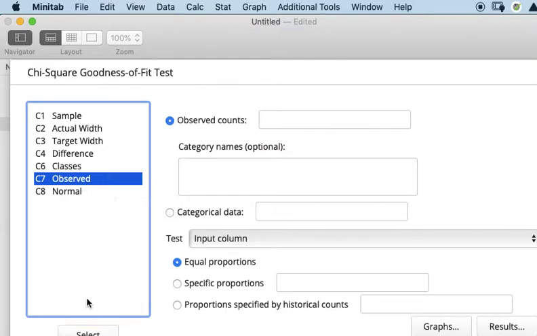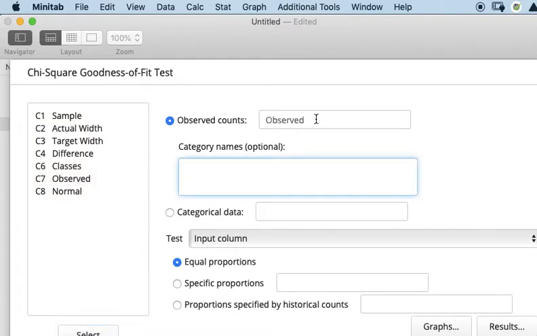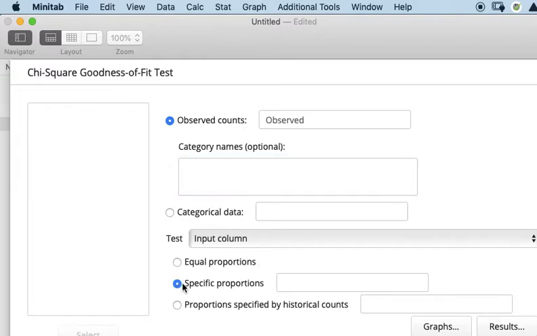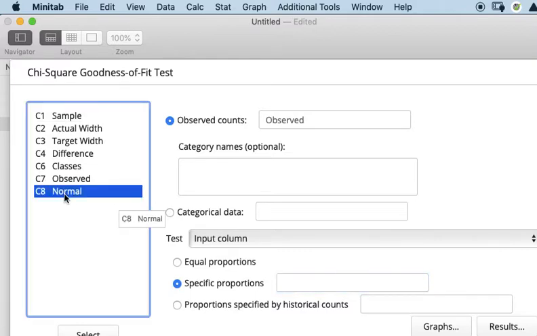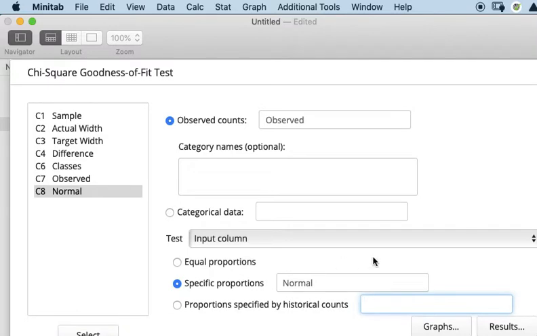So I'm going to click on that and hit select to put it in the observed counts box. And then under the test area, this is where I'm putting my calculated values for what they are supposed to be for the normal distribution. So what I need to do is select specific proportions, and then in the box, I'm going to put my column that contains the normal distribution probabilities. So select that, and then I click OK.